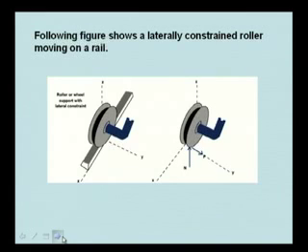Now this figure shows a laterally constrained roller moving on a rail, a roller or wheel supported with lateral constraint. It can move in this direction, but it cannot move down because of the constraint of the rail.